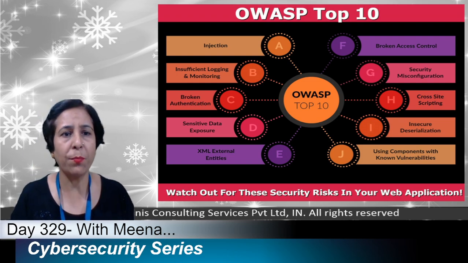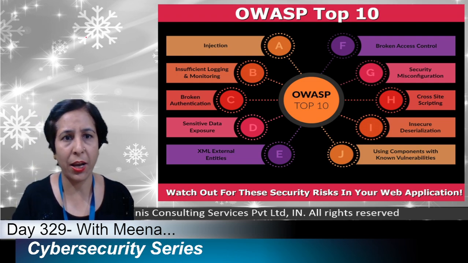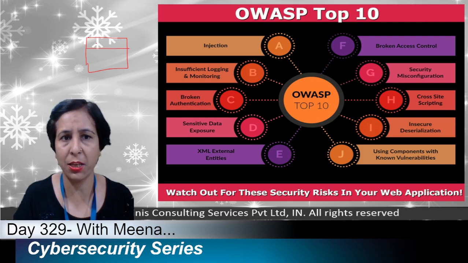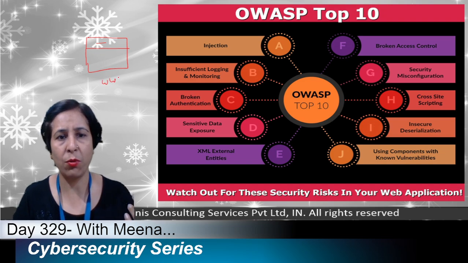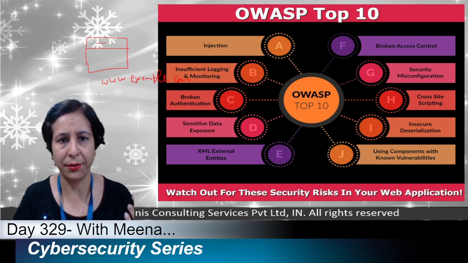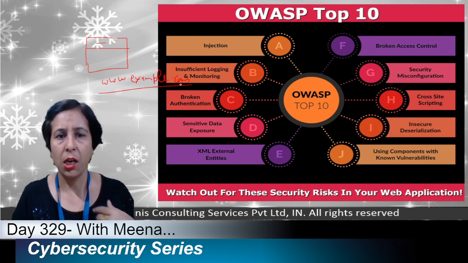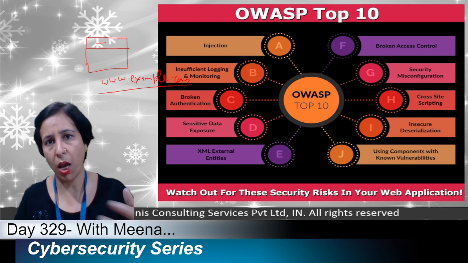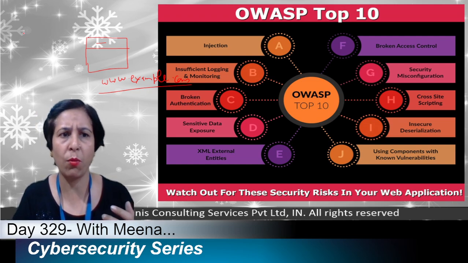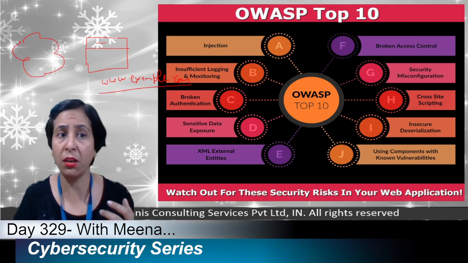For example, you have a web server which hosts the website of your company, say www.example.com. The nature of the website is that it is accessible to anyone from the internet.